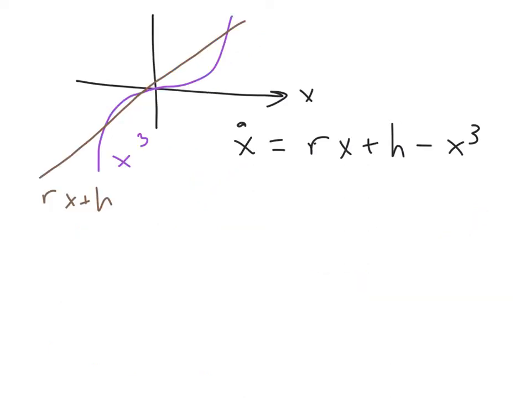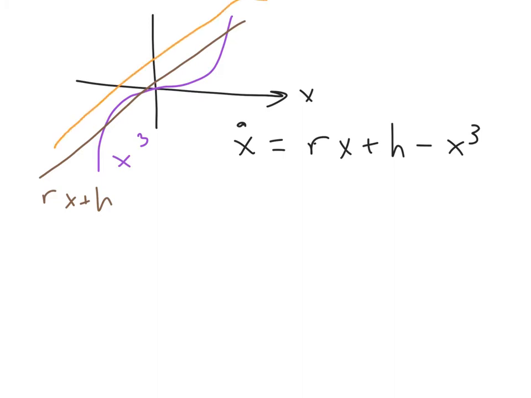I want to go back to the pitchfork and think a little bit more about breaking the symmetry there. We've thought about what happens if we fix h and then we adjust r. And actually, we've seen at another point in time what happens if we fix r and we adjust h.